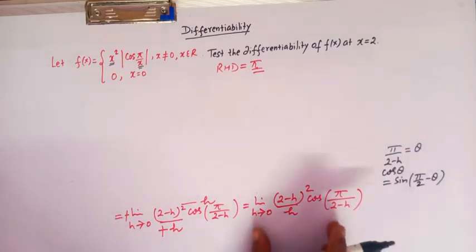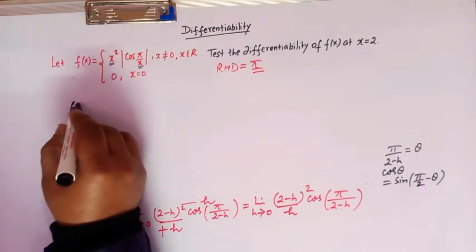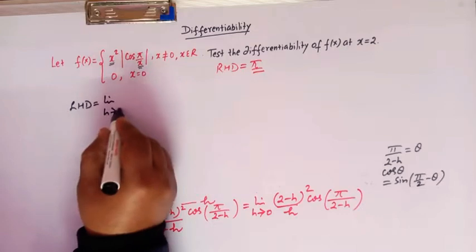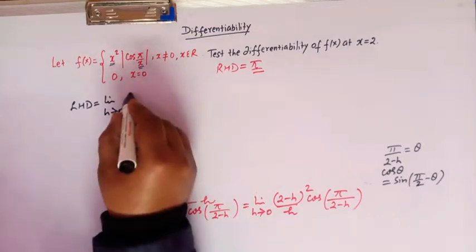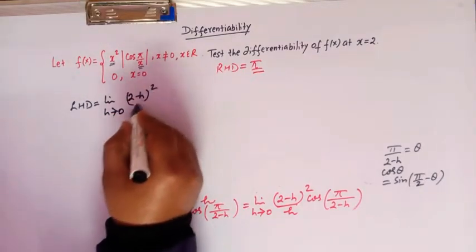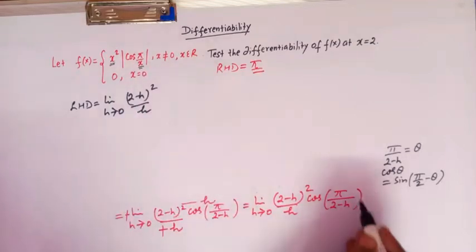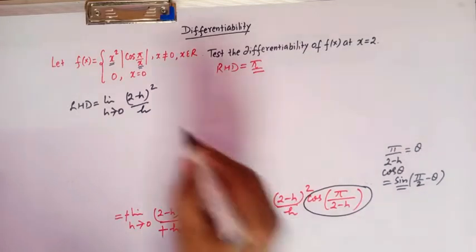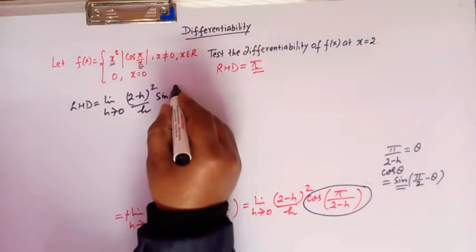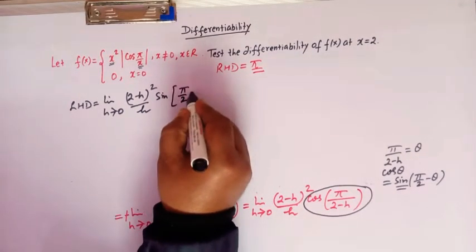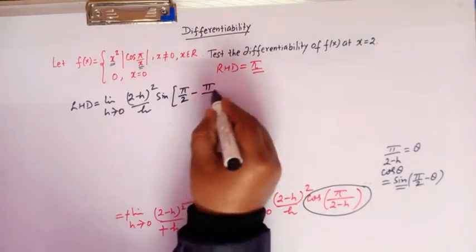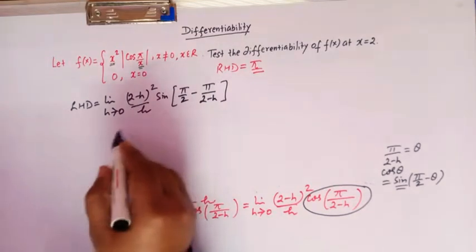So now this limit, that is the left hand derivative, can be written as the limit h tends to 0, and we have 2 minus h square over h, and this term can be written as the sine of pi by 2 minus theta, and for theta we have pi over 2 minus h, right?